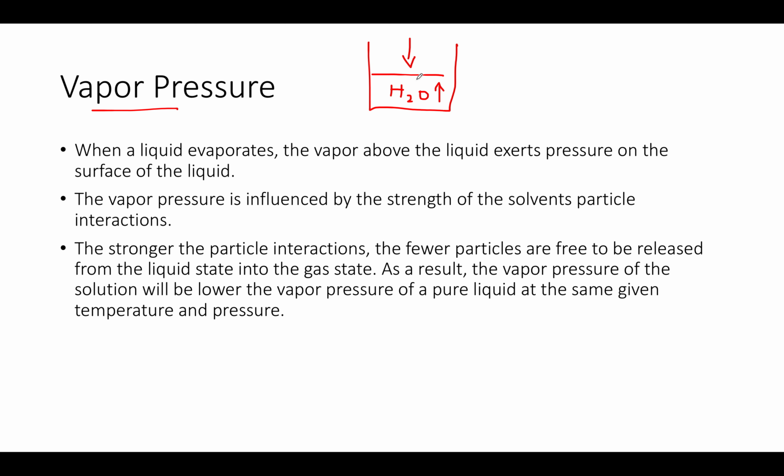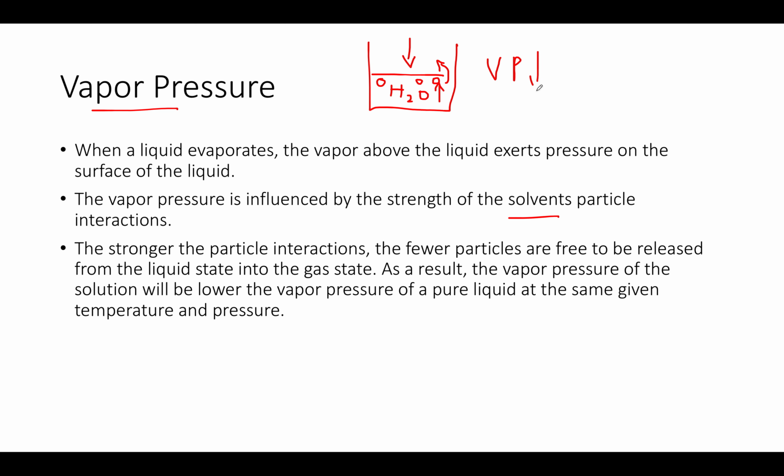And now what's happening is you have these little particles of the solution that are exerting a lot of pressure on the surface. Now, the vapor pressure is influenced by the strength of the solvent's particles, because if the strength of the particles are stronger, then fewer molecules at the surface are going to be able to escape, and that's going to result in a lower vapor pressure.